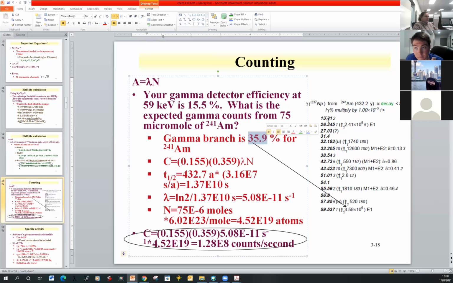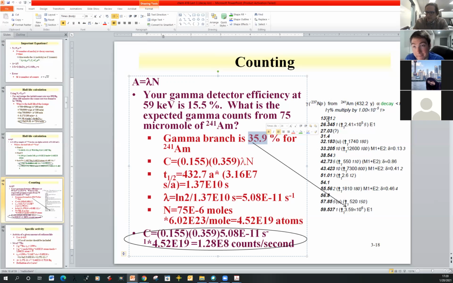What I'm going to show on the screen is my isotope browser. Hold on, I have to put on my glasses. Thank you. Okay, I'm going to put in americium-241. This is an app that I have, from the IAEA, so you can download it.